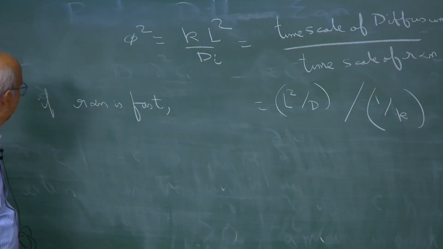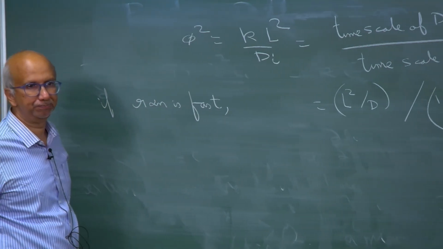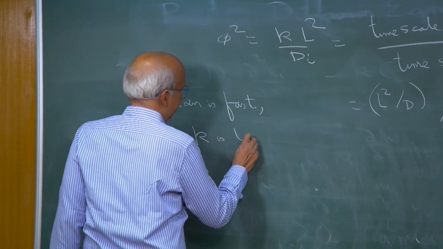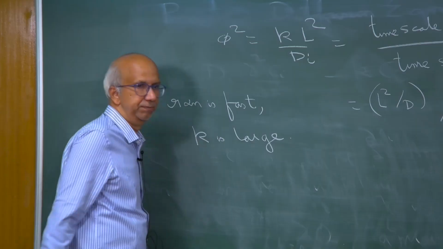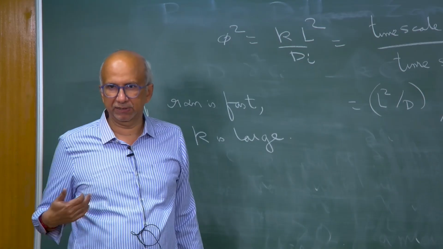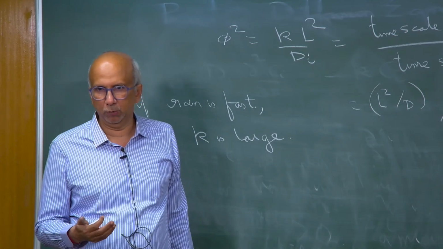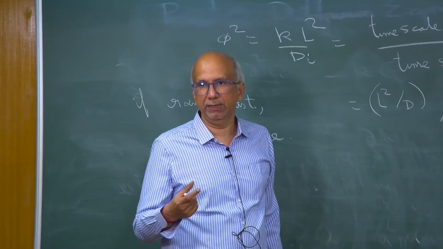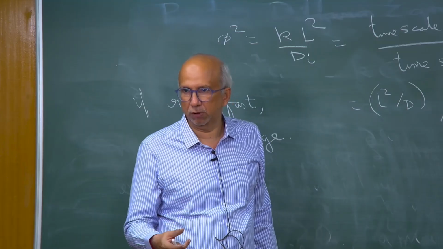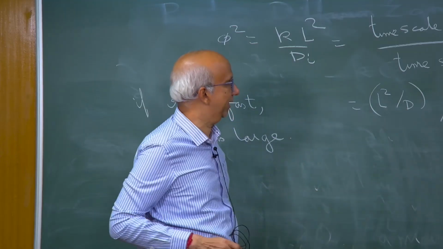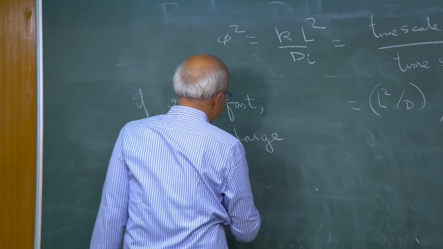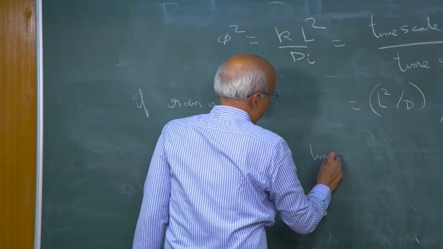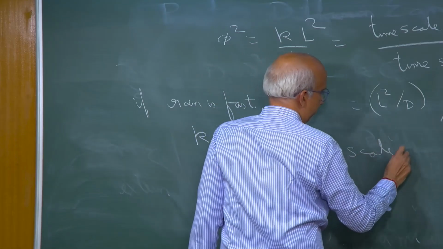If reaction is fast, I have K is large. Fast reaction means the rate constant is very high, quickly get over. Okay. So, that means the reaction gets over very, very quickly, the time for the reaction is very, very small. Okay. That is what I mean by saying time scale is of the reaction. So, 1 by K is low, the time scale is low.